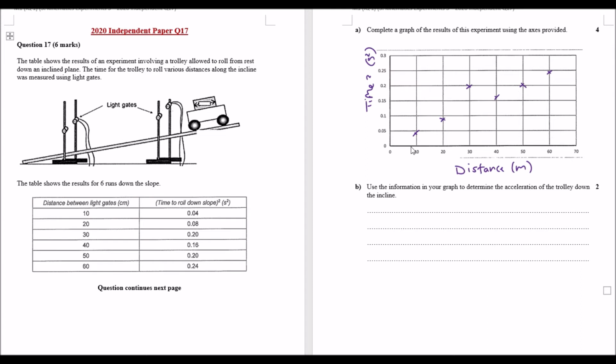Instead, you can just circle it here, comment, this is my outlier, Mr. Examiner, and at least the person marking the paper will know that you didn't consider this in your line of best fit. So the line of best fit should be a nice straight line or curved line through the dots of your data points. So that's what I'm going to do.